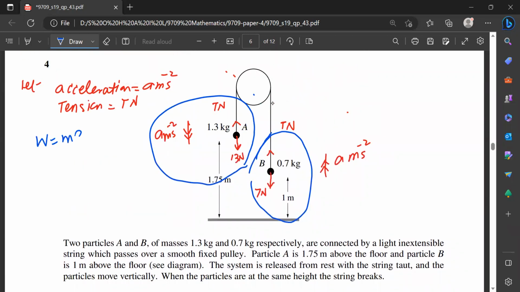Weight is mg, and g has the value 10, so the weight of A is the mass multiplied by 10, which is 13 newtons, and the weight of B is 7 newtons. Just for your understanding.